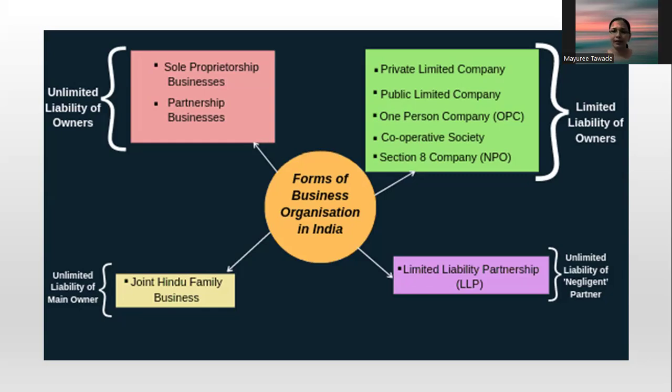So how does it differ from limited? What is the concept of limited liability of owners? In the Companies Act, the very first definition of any company is that the business is distinct from its members. Distinct from its members means the business has its own identity and the owners have their own identity.